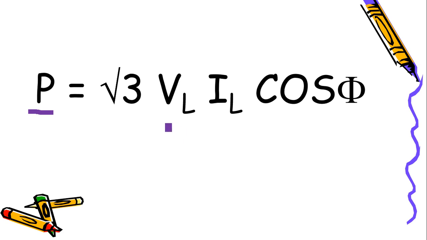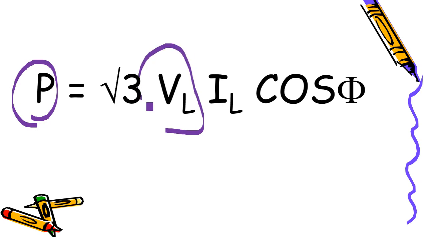What is VL? It is the line voltage, and IL is the line current, and cos phi is the power factor we know. Now we have to consider that the load is the same under the constant load condition, or the power remains the same, and supply voltage VL also will be remaining the same. Let it be 415. We are assuming that both these things will be the same throughout our conditions.